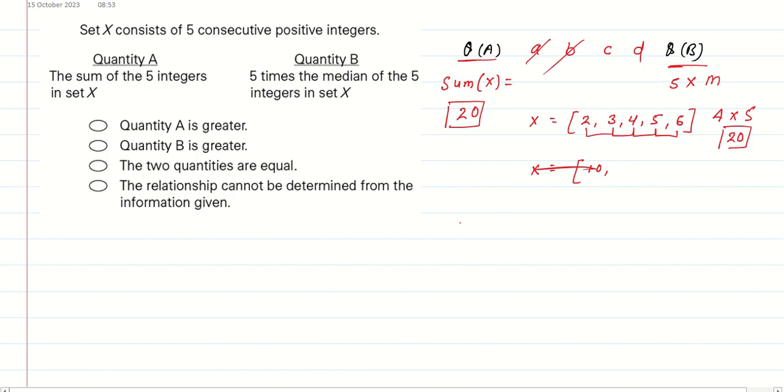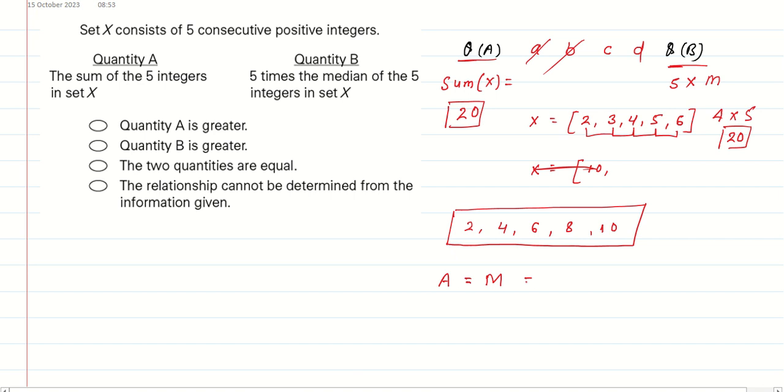Let's see, if you take consecutive numbers, let's say 2, 4, 6, 8, 10, numbers in arithmetic progression, the average and the median are both the same.